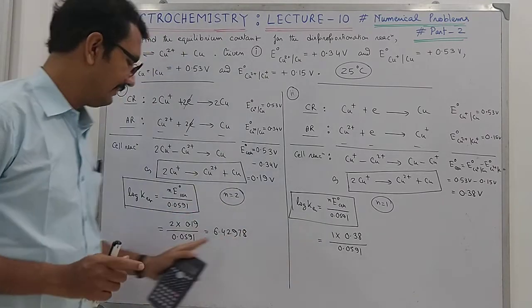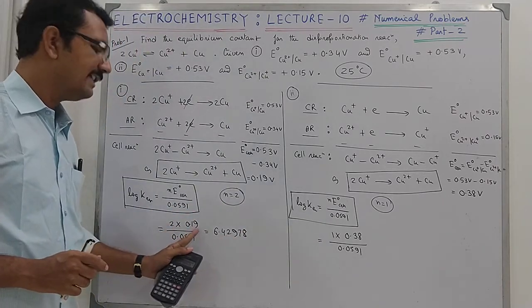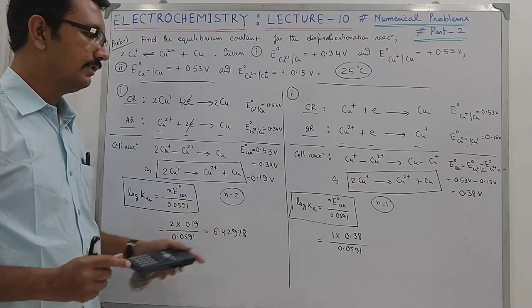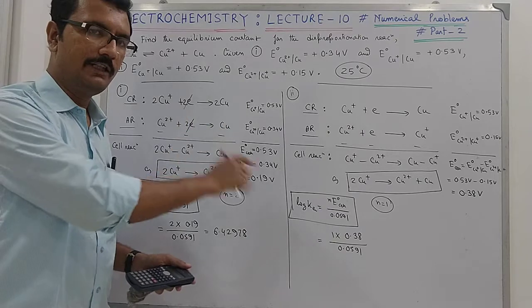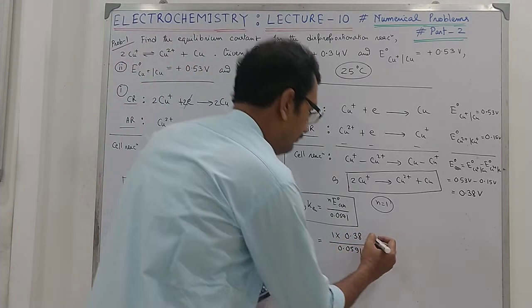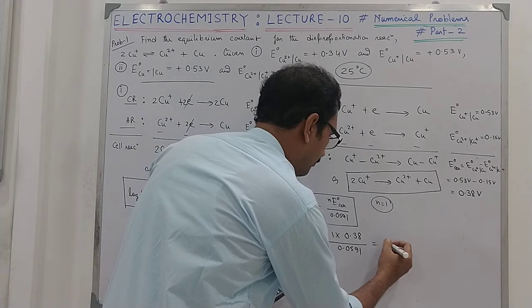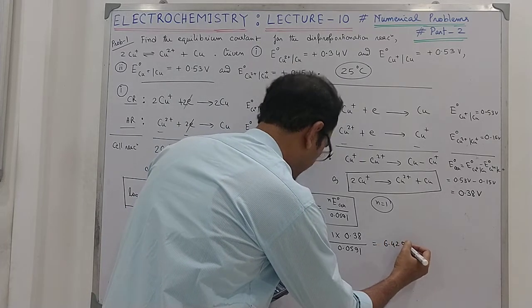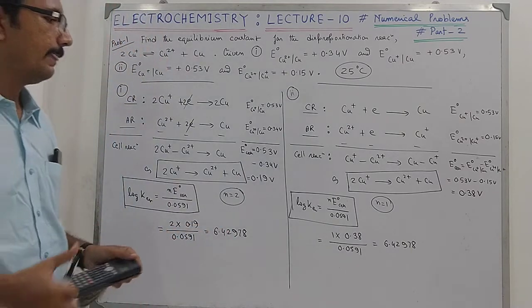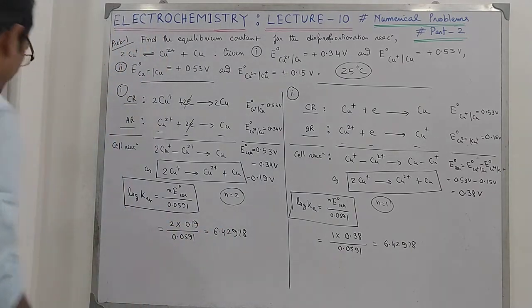You need not find this. See, 2 times 19 is 38, so this will also give the same value. Still don't believe it? Use the calculator and determine the value. So this will also be 6.42978. So you can see that you cannot play with nature.